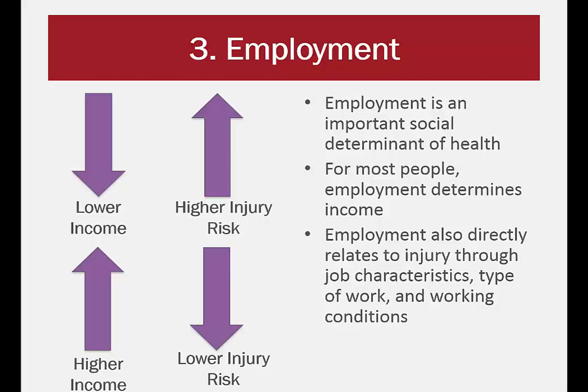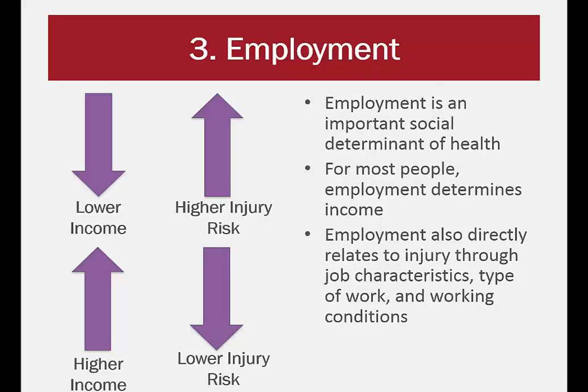Lower paying jobs are often associated with poorer working conditions, more dangerous environments, and greater physical demands than jobs that are higher paying. In Canada, the most dangerous industries to work in are mining, forestry, fishing, agriculture, and construction.